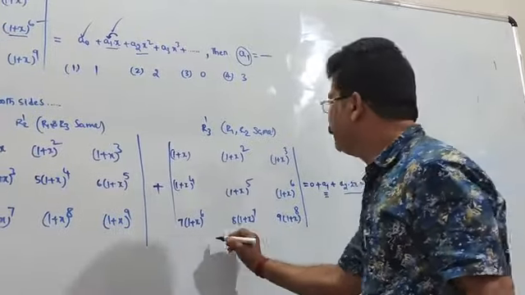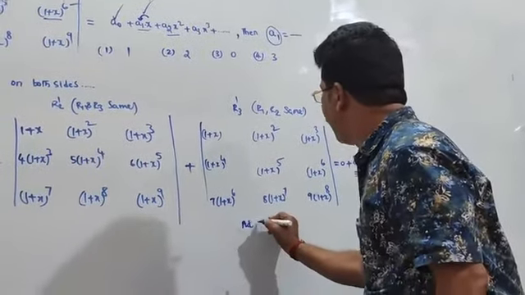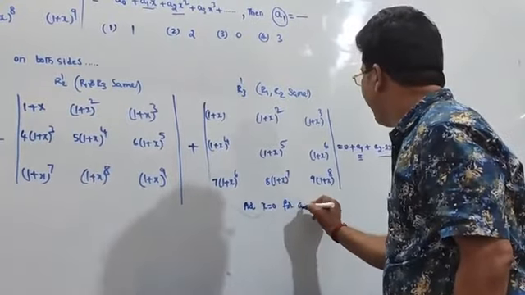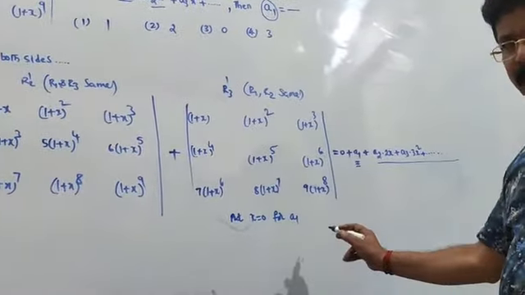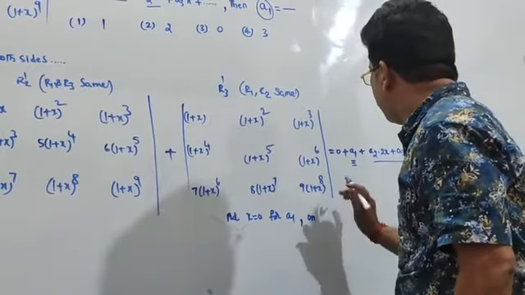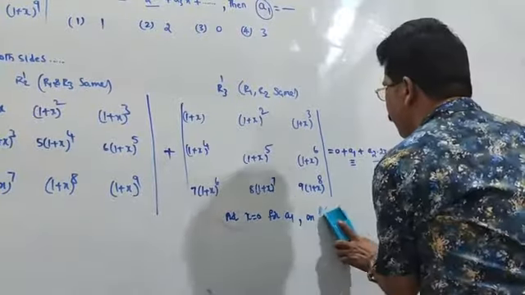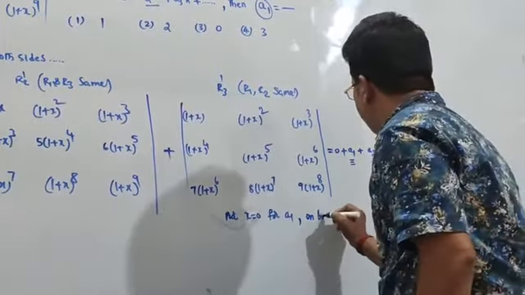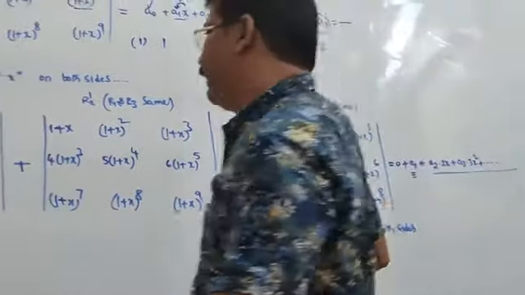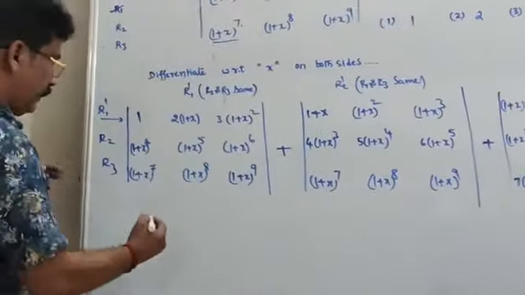So, therefore, put x equal to 0 for a1 on both sides. Look at the board.